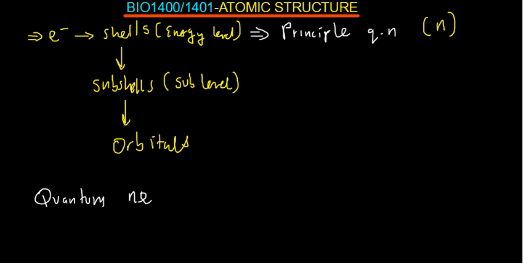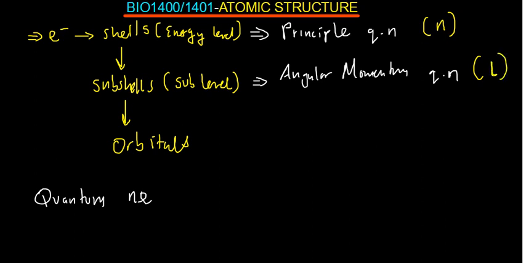That's what represents the energy level. Now, if you go to the subshell or the sublevel, which is the division, each energy level is going to have different sublevels. This one is called the angular momentum quantum number. It's represented by L, not ml.